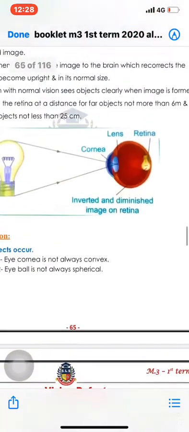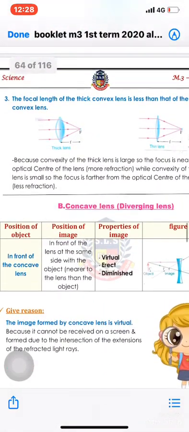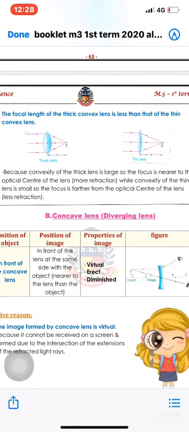Let's look here at this part. Yes, the focal length of the thick convex lens is less than that of the thin convex lens. Look here at the two lenses. This is a thick lens and this one is a thin lens.